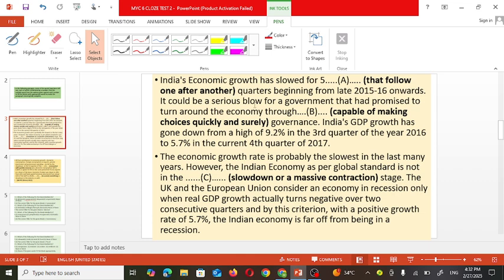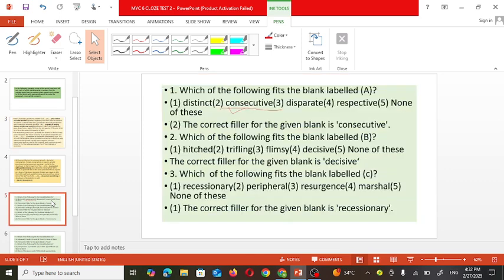It could be a serious blow for a government that had promised to turn around the economy through dash. To turn around the economy means to change the economy through dash. So what is the expected answer here? Capable of making choices quickly and surely. Now let's see the options.